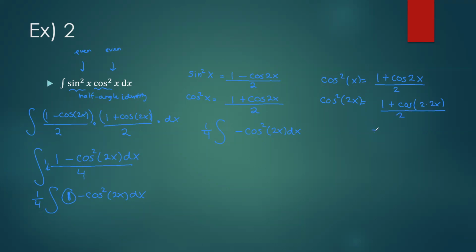So that is going to be 1 plus cosine of 4x all over 2.